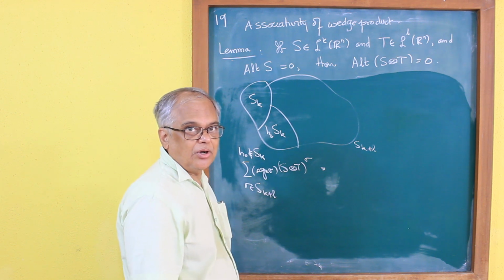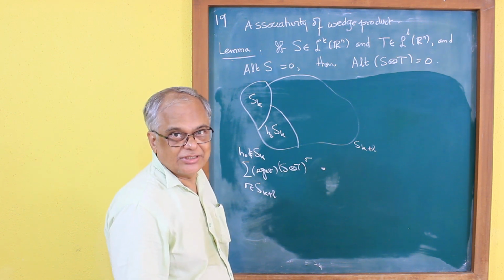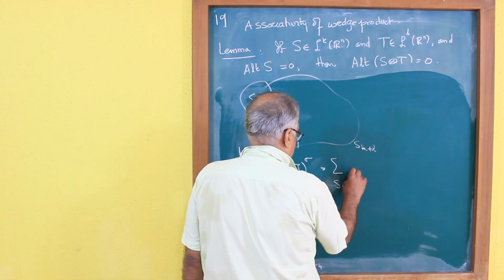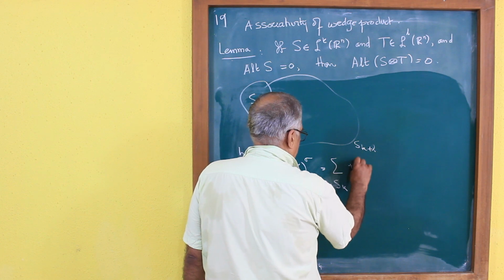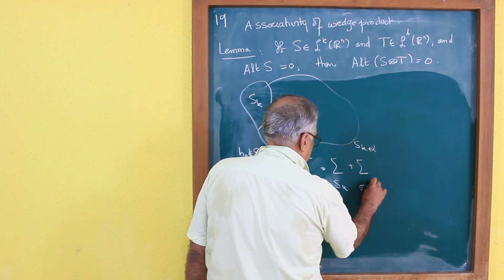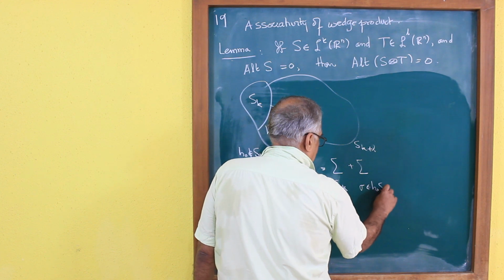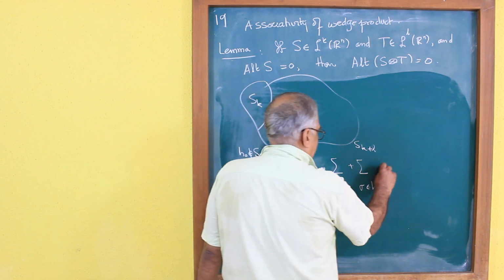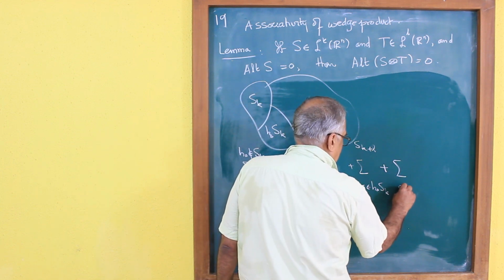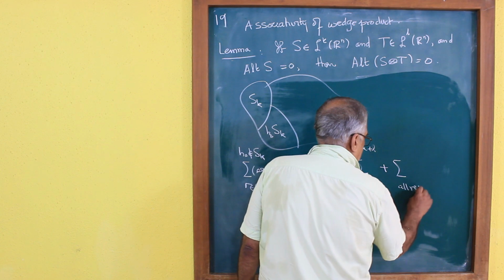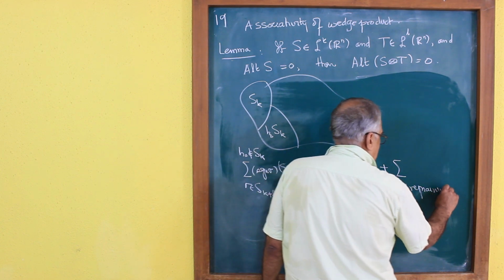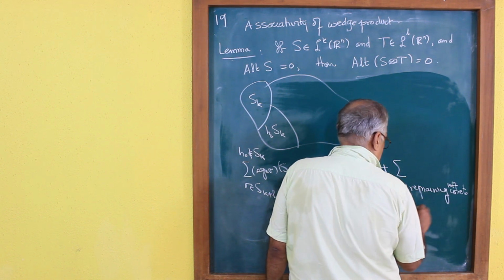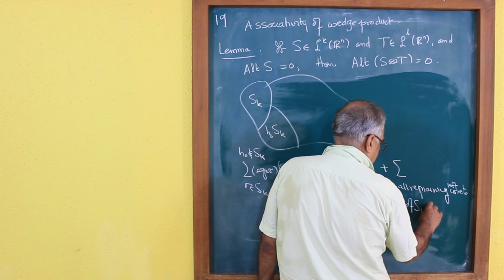So you have to choose what is called a representative of the cosets. This is the sum over Sk, plus the sum over h0 Sk, where h0 is not in Sk, and then you take the sum over all remaining cosets of Sk.